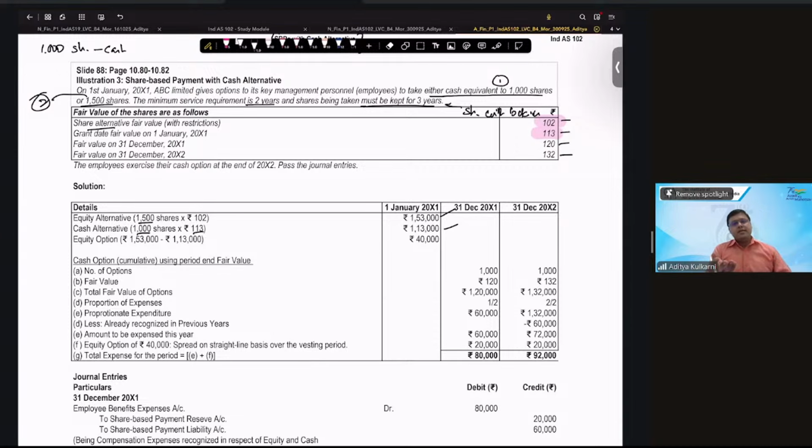Tell me one thing, is an employee here getting only one instrument or two instruments? What do you think?